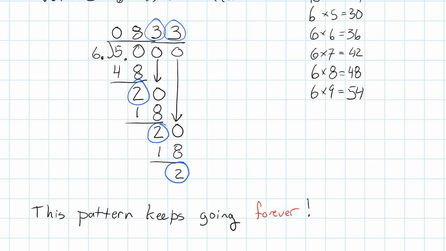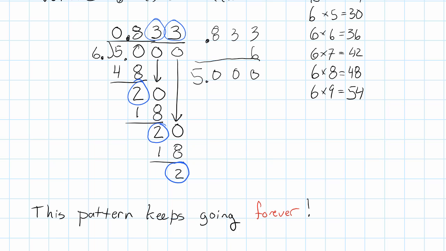Now, figuring out where the decimal point goes isn't that bad, right? We'll just ignore what's left over for a second. 8, 3, 3, 6, 5.000. We need 3 digits after the decimal point, right?